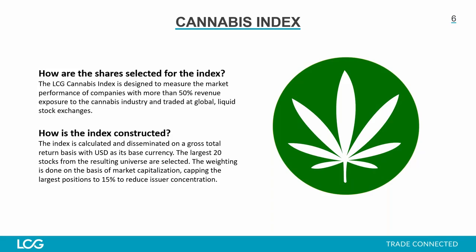The index is calculated and disseminated on a gross total return basis with USD as its base currency. The largest 20 stocks from the resulting universe are selected. The weighting is done on the basis of market capitalization, capping the largest positions to 15% to reduce issuer concentration. So first thing to note there is that it's in dollars.